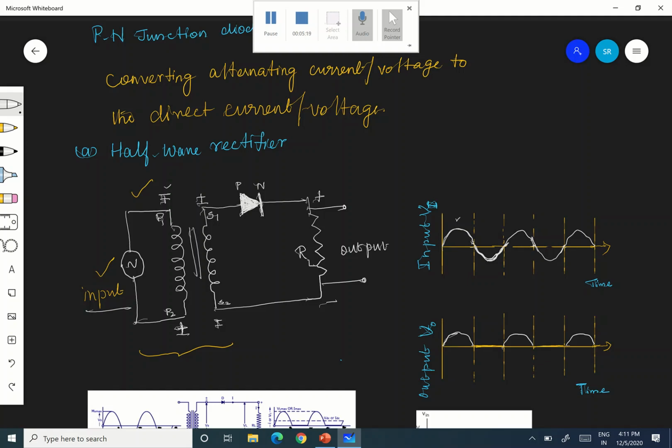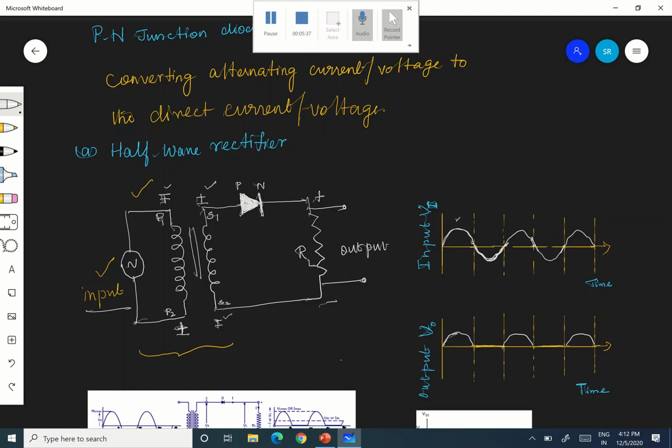Therefore, now when P1 is negative and P2 is positive, in the first half cycle, there will be an induced EMF across the secondary coils S1 and S2 such that S1 will be positive and S2 will be negative.